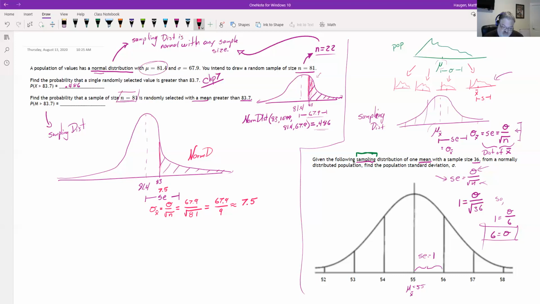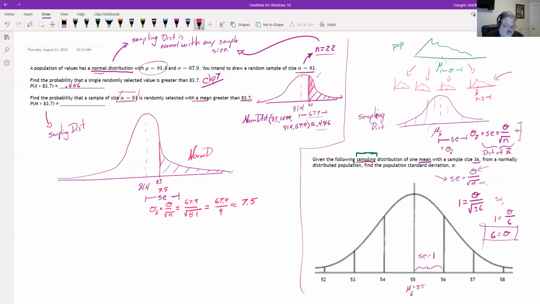Did you put the 67.9 equals sigma divided by the square root of n and try to solve it? No, I don't know what I did. I just need to do this problem some more.